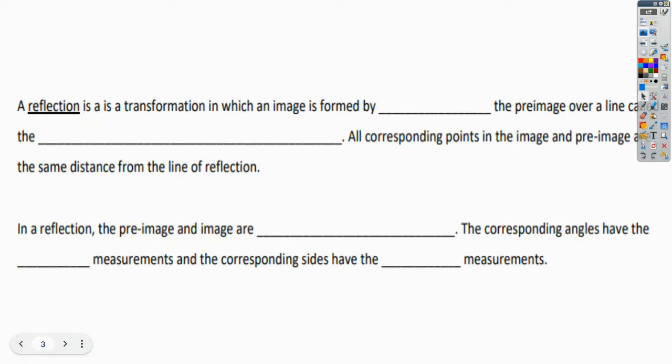So a reflection is a transformation in which an image is formed by moving the pre-image over a line or flipping the pre-image over a line, called the line of reflection.